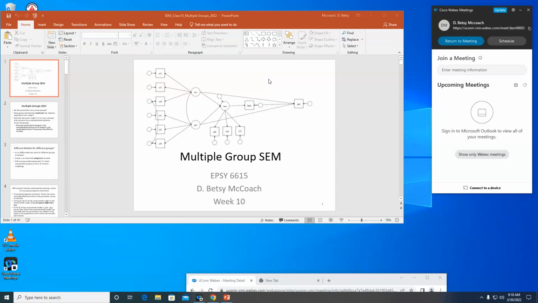I know I asked you to do something with a phantom variable, but I can't remember. Right, so it's just to go back and fit with the other model. Okay.